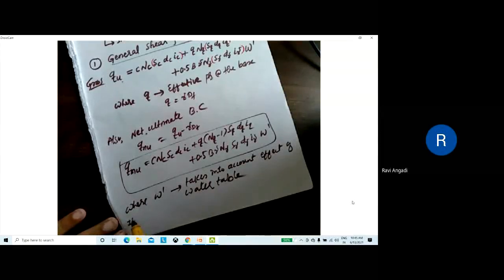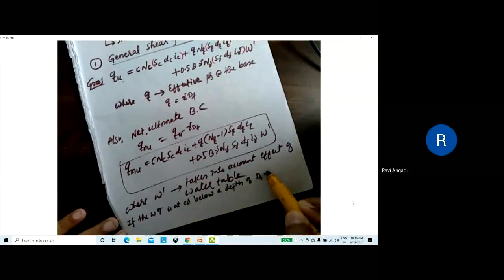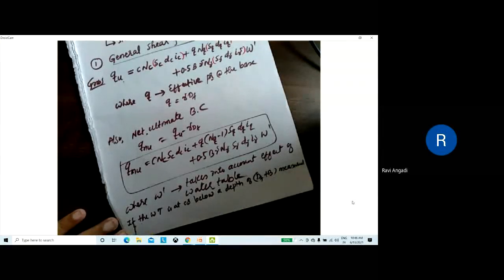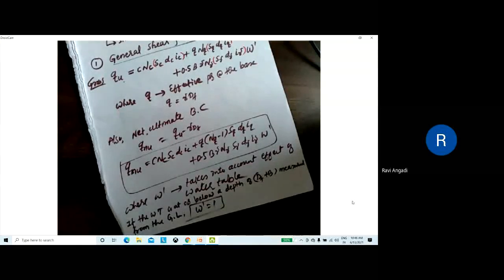If the water table is at or below a depth of Df plus B measured from the ground level, then the value of W dash is equal to 1. Understood this one? Refer to the previous figure: Df plus B measured from the ground level, then W dash is to be taken as 1, in the IS code method I am telling.